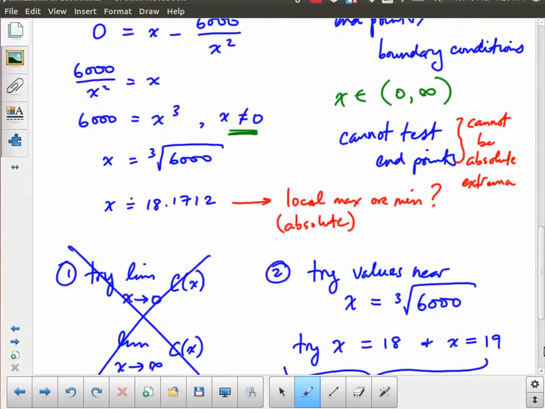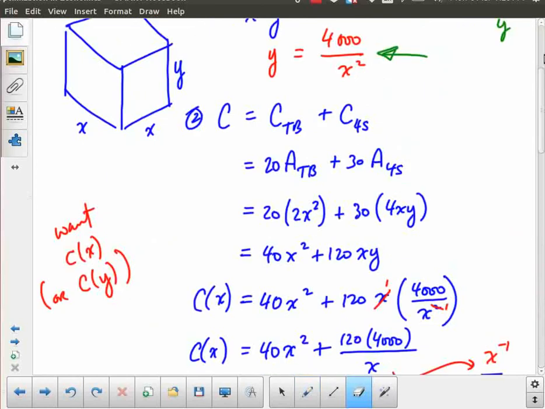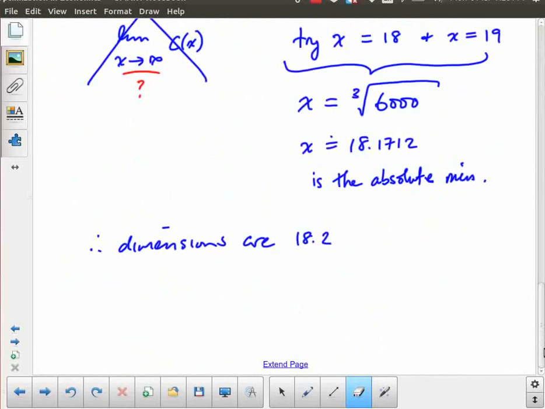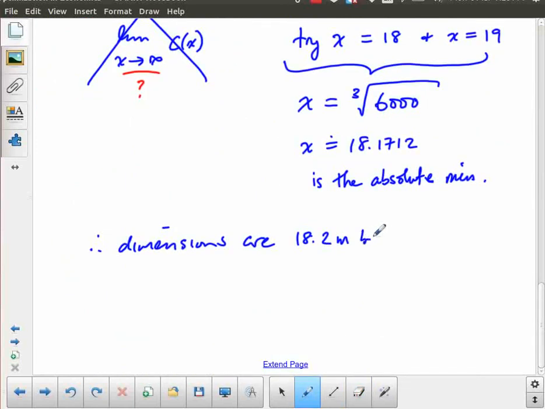So I come back down here, and therefore the dimensions are, and I'm going to round that, I'm going to say that's 18.2 centimeters. Centimeters or meters? Meters. This is a big box. 18.2 meters by 18.2 meters.